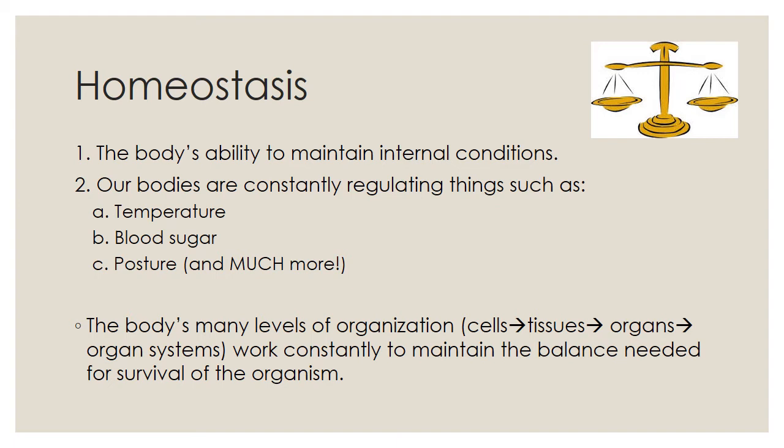So our bodies can't have too high or low of a temperature, too high or low of blood sugar, and of course we don't want to have terrible posture because that affects how lots of different things work and different systems. So the body's main levels of organization, which are cells, tissues, organs, and organ systems, they're all working constantly to maintain the balance that's needed for us to survive, and that balance again is called homeostasis.